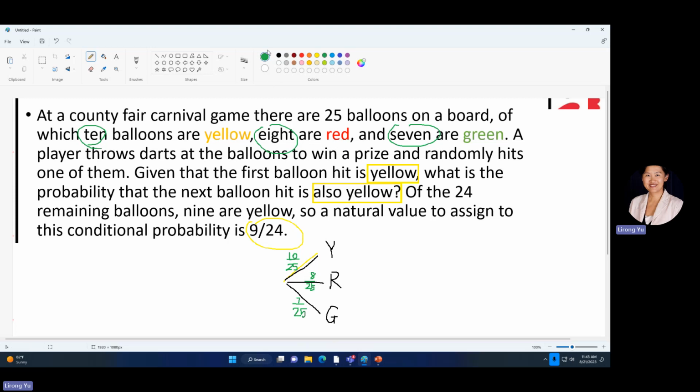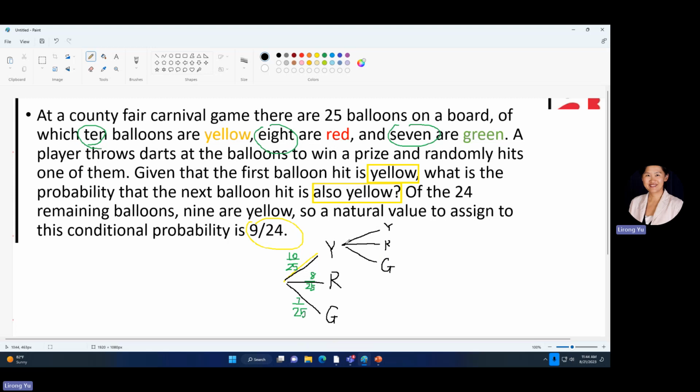All right, but then we're talking about the second hit, you already hit one, and that was yellow. So with that assumption in place, that is previous information. Our previous information is you hit a balloon that is yellow. Now, under that assumption, what is the probability the next one would also be yellow? Our next hit could be yellow or red or green. The tree diagram can go on a bit.